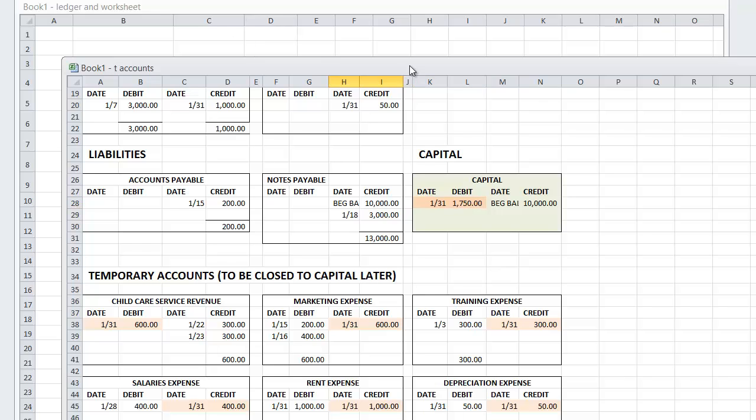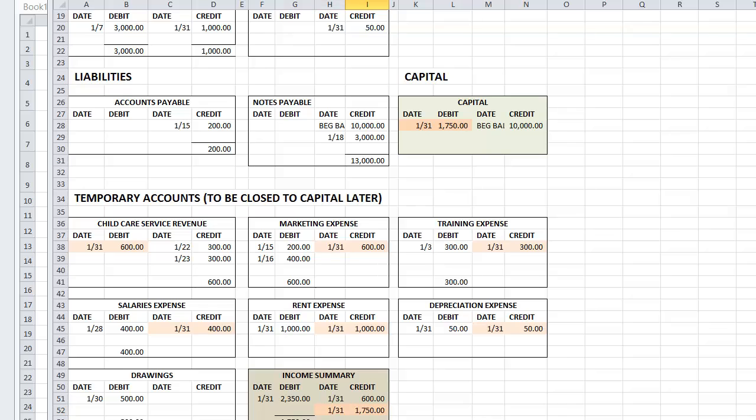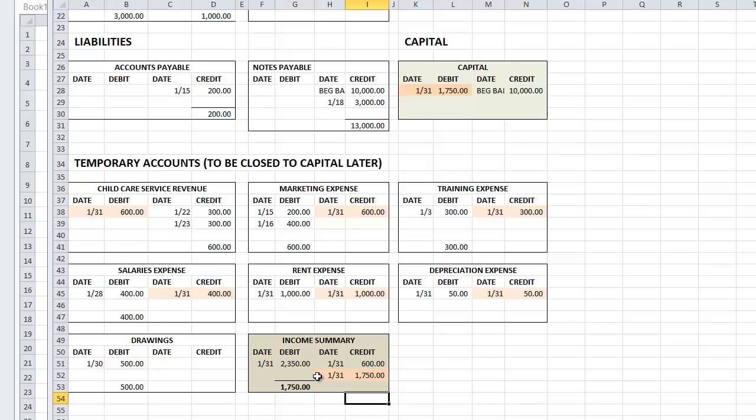We credited $17.50 to income summary because we had a balance here of $17.50, and we debited to capital $17.50, which is actually a decrease in capital, meaning we lost money this year.